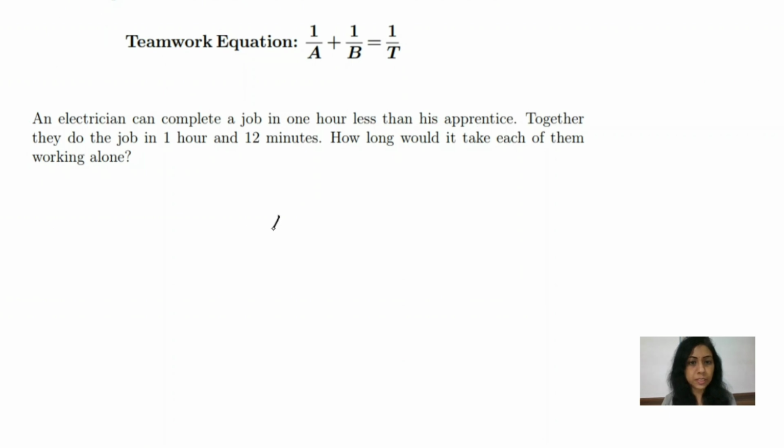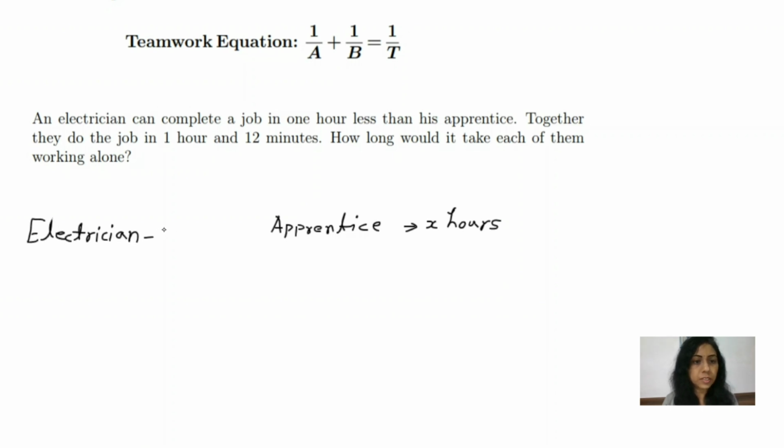So the apprentice takes x hours, and the electrician takes x minus 1 hours, and for the total here, 1 hour 12 minutes.